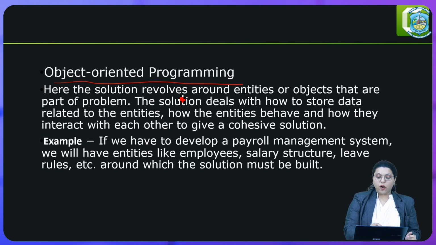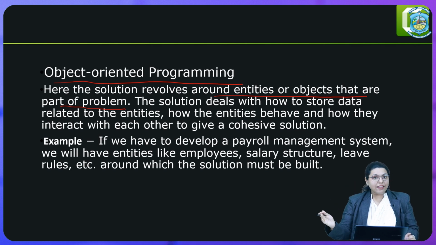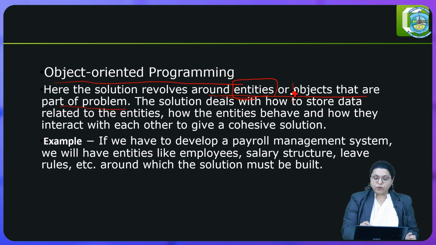Here the solution revolves around entities or objects that are part of the program. In procedural, it was totally different. We will write block-wise programming and then they are combined with each other. Here it will only revolve around entities and the objects that are part of the problem.